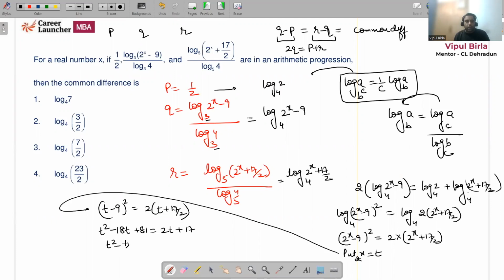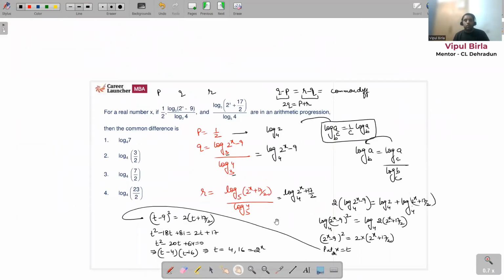So t squared minus 20t plus 64 equals 0, and solving it we get t minus 16 and t minus 4, which gives t equal to 4 and 16, which is the value of 2 to the power x, right? So 2 to the power x is equal to either 4 or 16.